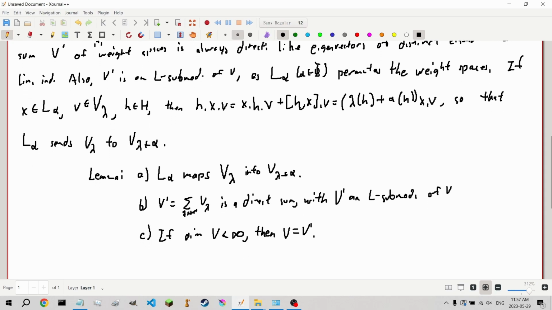The next chapter is standard cyclic modules.